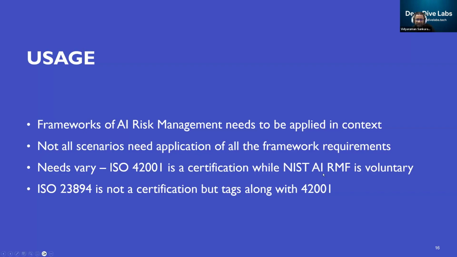NIST AI RMF goes without saying is voluntary. And this is also something that we had covered earlier in terms of what are the voluntary items and what are certification based. So far, 42001 is certification. The EU AI Act is something that is required by law to be followed.